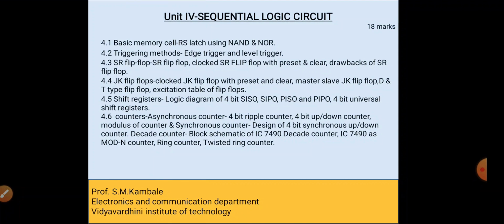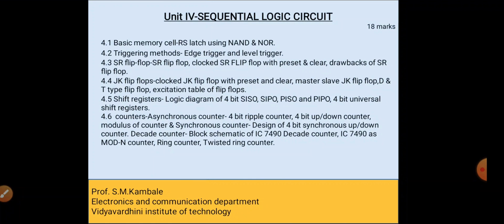Similar to the SR flip-flop, the operation of the JK flip-flop is the same. In the JK flip-flop there is also one condition which is called the race around condition. These are nothing but the drawbacks of the JK flip-flop. The drawbacks of the JK flip-flop are removed by the T flip-flop, which is called a toggle flip-flop.